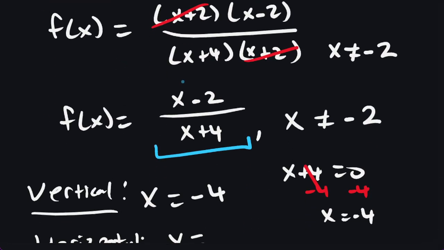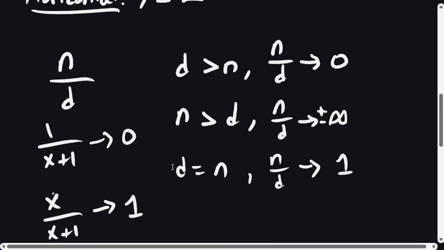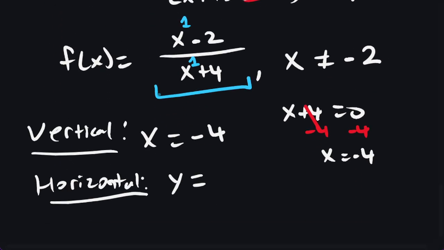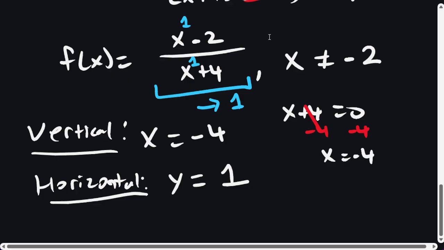In the numerator, we have a degree of 1, and we have a degree of 1 in the denominator. So that means the numerator and the denominator have the same degree, which means that the fraction will approach 1. So this fraction will approach 1. Therefore, our horizontal asymptote is at y equals 1. And that's how we find both of our asymptotes, x equals negative 4 and y equals 1.